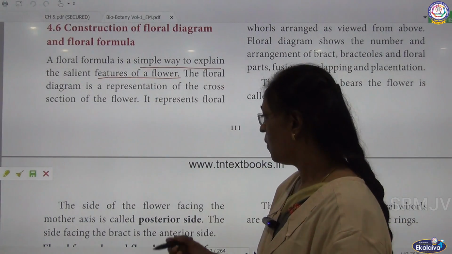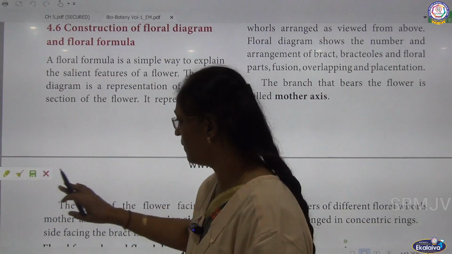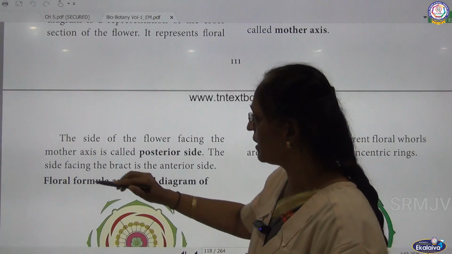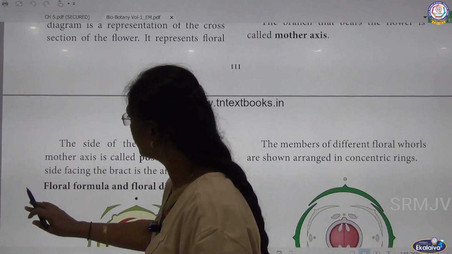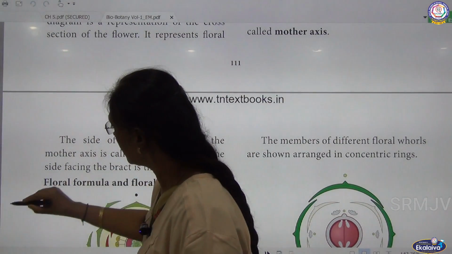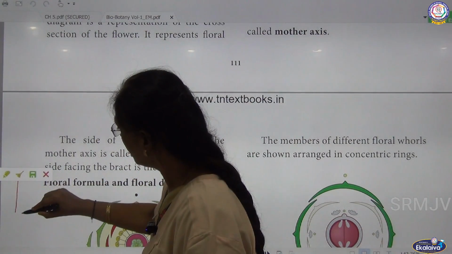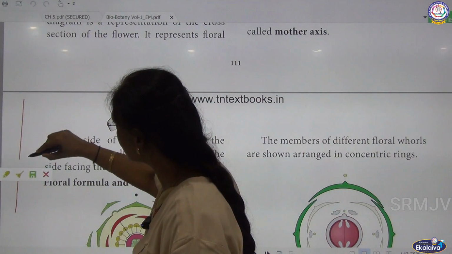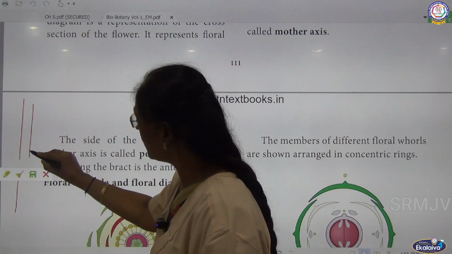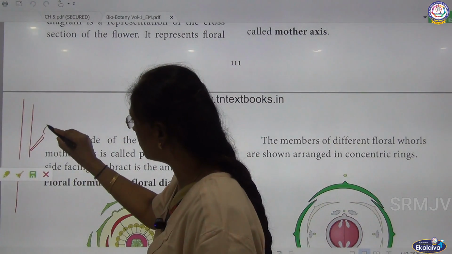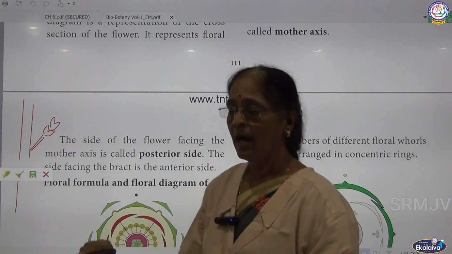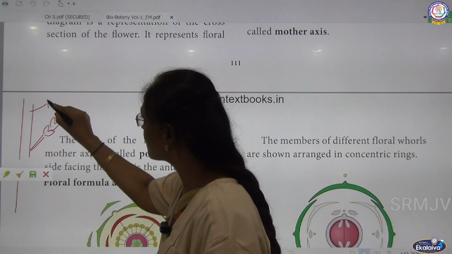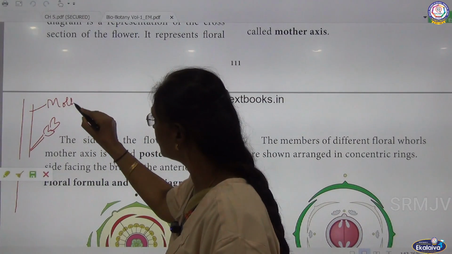And here when you talk about the axis, we have all studied that if you say this is the axis on which the flower has been born, you call this a mother axis.